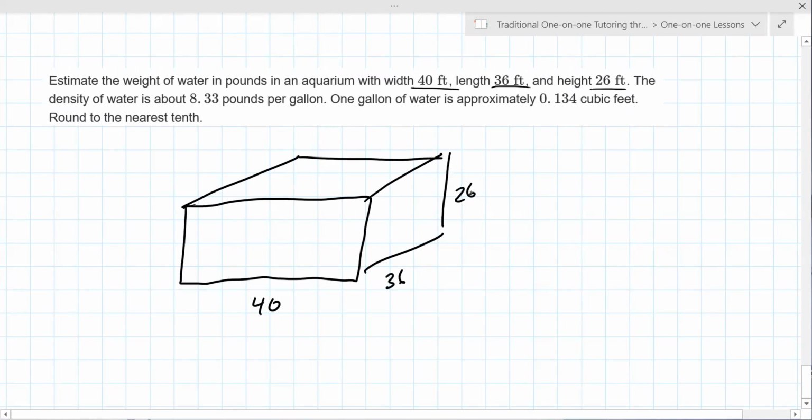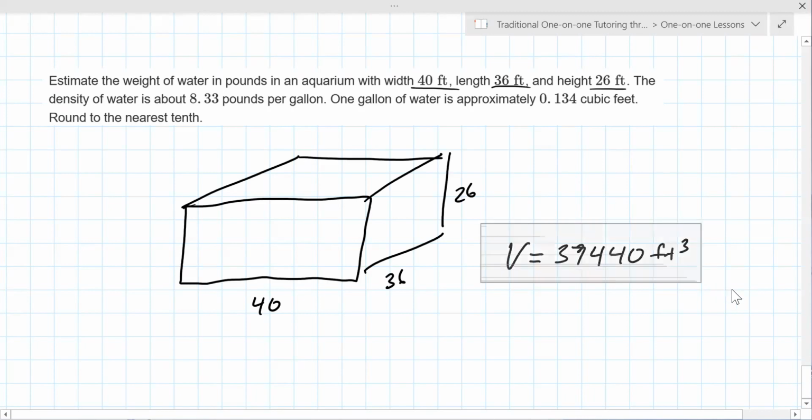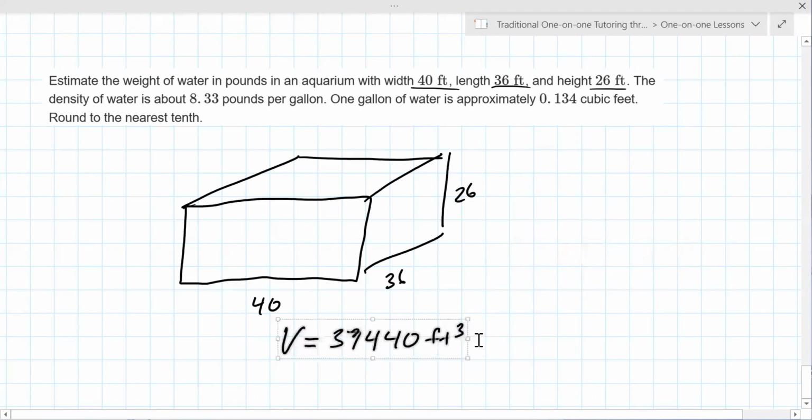And it actually doesn't matter where you put them in truth. So go ahead and find the volume for me, please. 37,440. Yes.